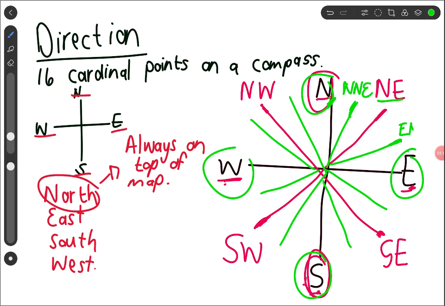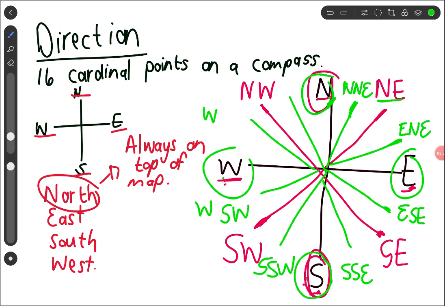So it's east of northeast. This one is east of southeast, south of southeast, south of southwest, west of southwest, west of northwest, and this one is north of northwest.